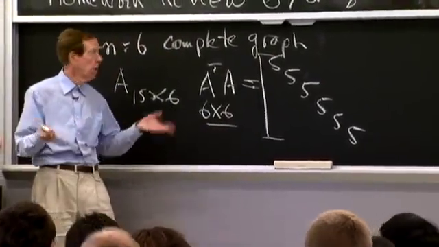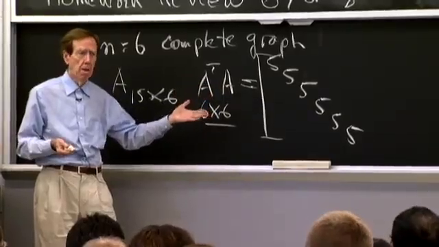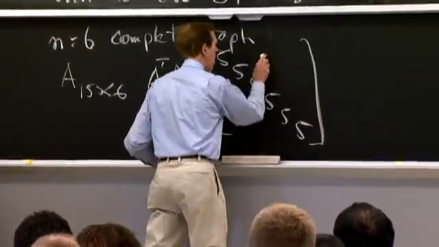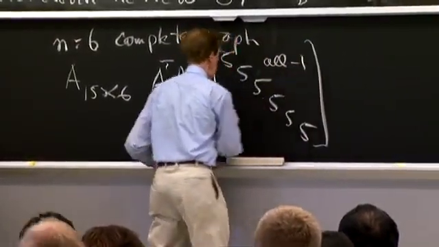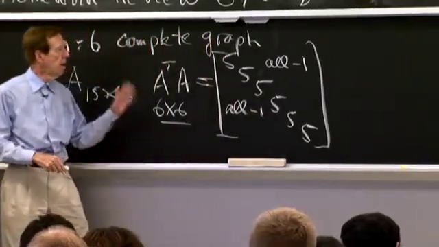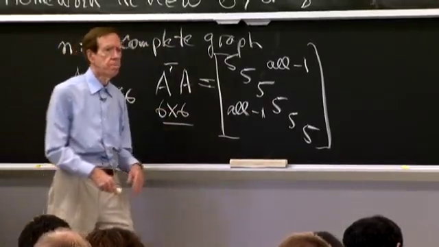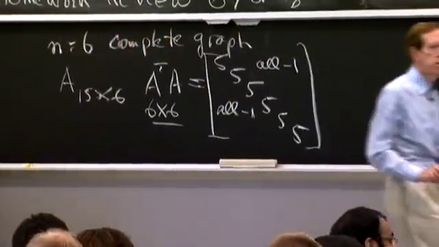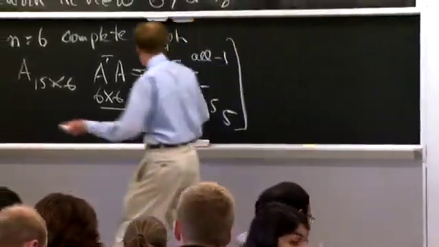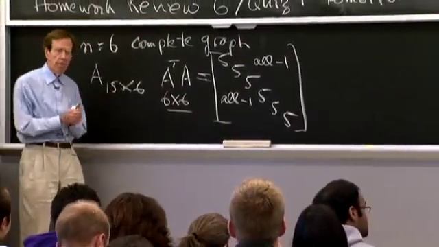Since we have a complete graph, how many minus ones have we got? All of them. All minus one. Okay, I'm not sure what else to say about that matrix. Oh, well, it's not invertible.